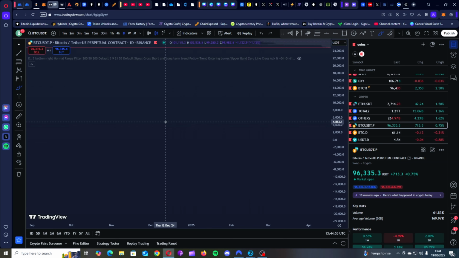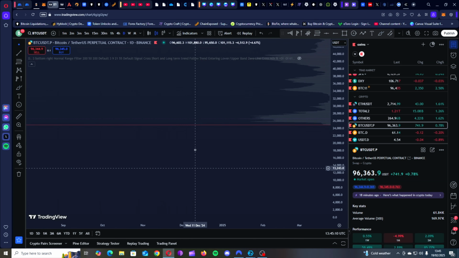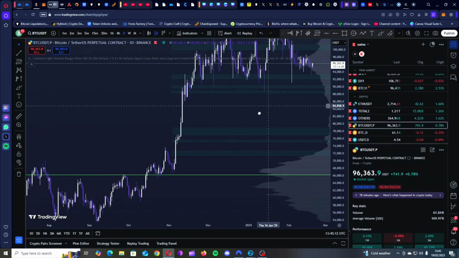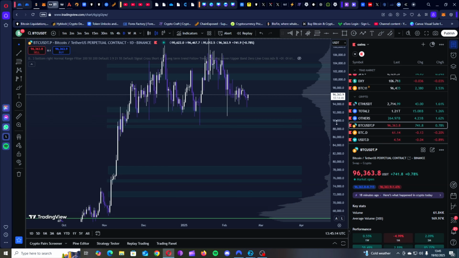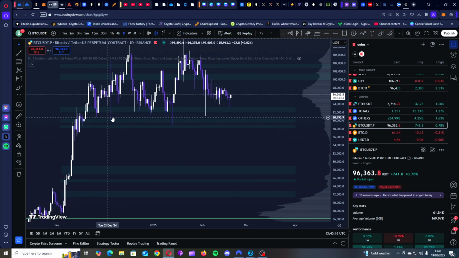So we've got another state of CVD divergence. We've got CVD out of line with price indicating absorption, and you'll see that a lot. You can probably see that in BTC at the minute. Let's just go back up into here. If you're looking at BTC here, you can see we've got a lot of price absorption occurring in this zone here.